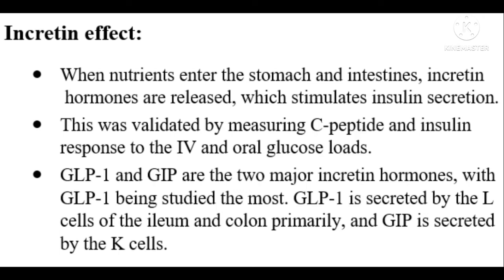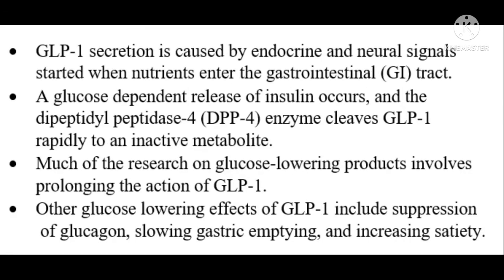GLP-1 is secreted primarily by the L cells of the ileum and the colon, and GIP is secreted by the K cells of the ileum. When nutrients enter the stomach, GLP secretion is caused by endocrine and neural signals. In this way, a glucose-dependent release of insulin occurs, and the dipeptidyl peptidase 4 enzyme rapidly cleaves GLP-1 to an inactive metabolite.